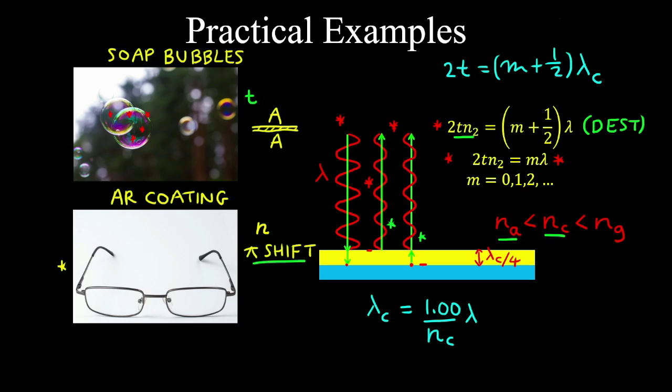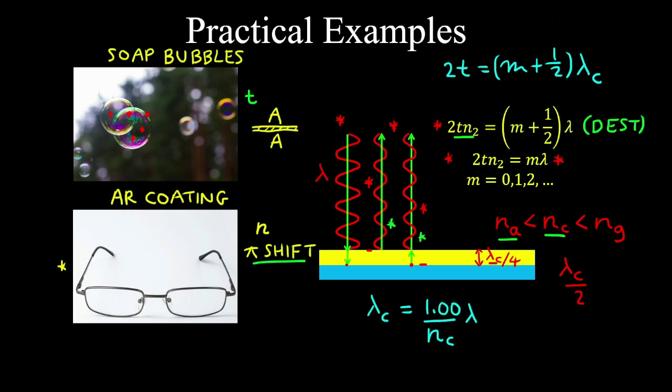So as we can see, if the thickness of the coating is lambda c on 4, then the path length difference between this reflected wave and this one is going to be 2 by lambda c on 4, or lambda c on 2. So this path length difference will cause these two waves to interfere destructively.